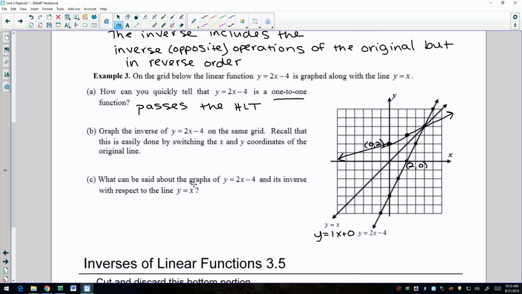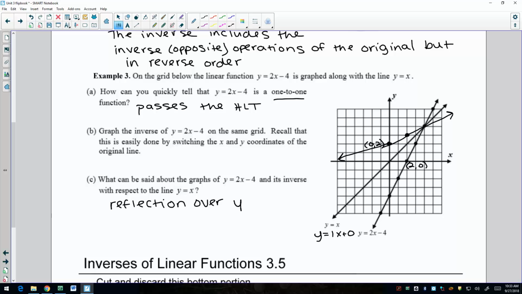Now part C says, what do you notice about the original graph, 2x minus 4, and its inverse? Back from geometry, you should notice that each point is a reflection over the line y equals x to get the point on the inverse. So you should write down, it is a reflection over the line y equals x.